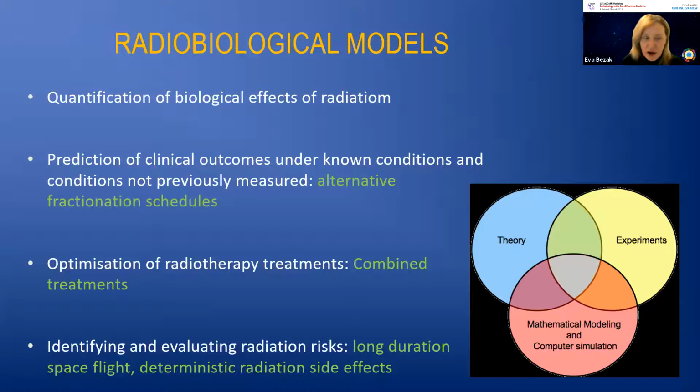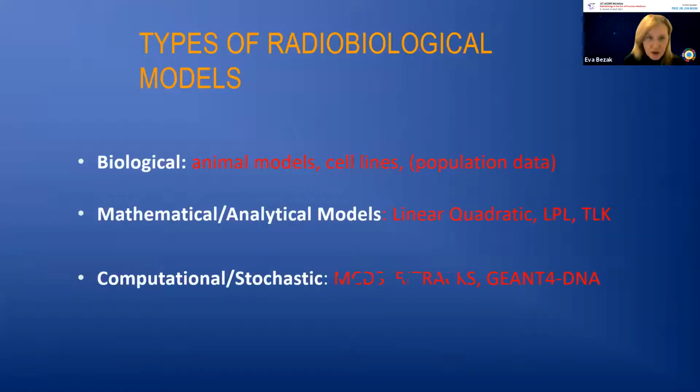It will also allow us to optimize radiation therapy treatments, let's say if it's combined with chemotherapy. And it will allow us to identify and evaluate radiation risks. And it's not only for the case of radiation therapy, but even, let's say, for the case of the doses to astronauts during long duration space flights.